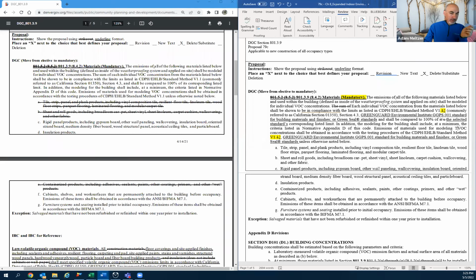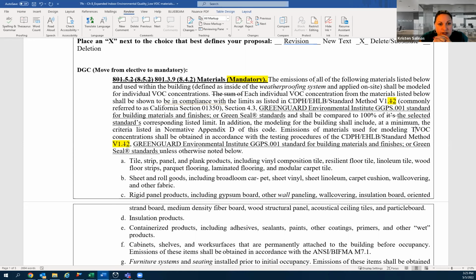And so the closest that we could come was this Green Guard standard, which I believe is very similar, right? Also the Green Seal standards. So I would rather not list all of those out, but I do see it as a potential issue. However, they are using those same testing procedures in the CDPH, for floor score and for the CRI.